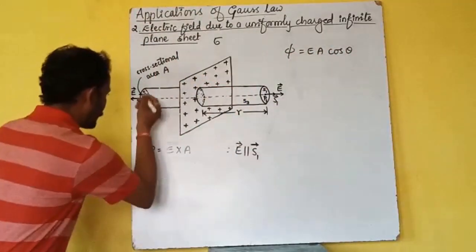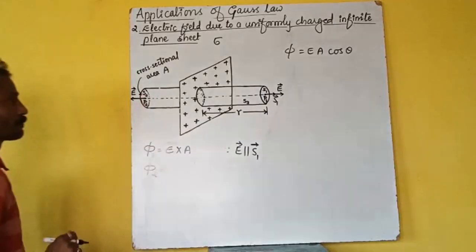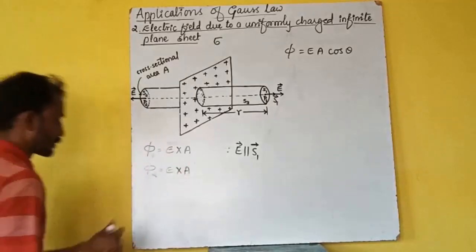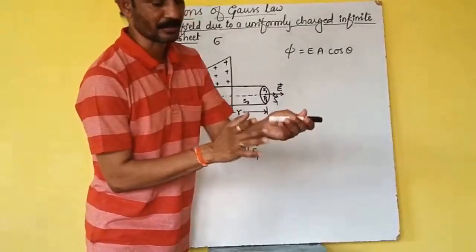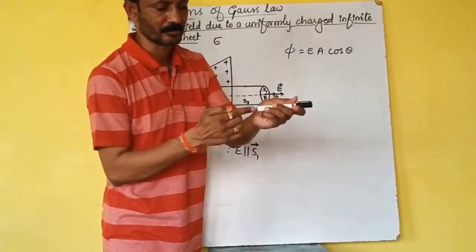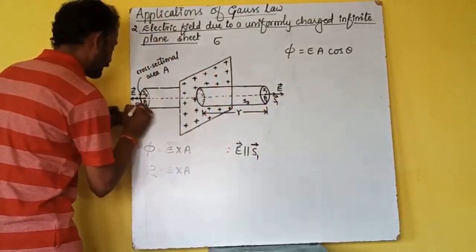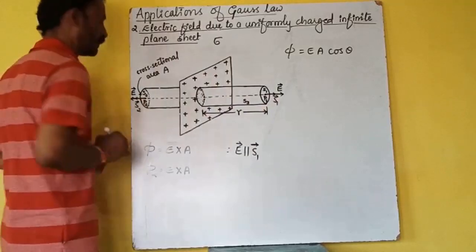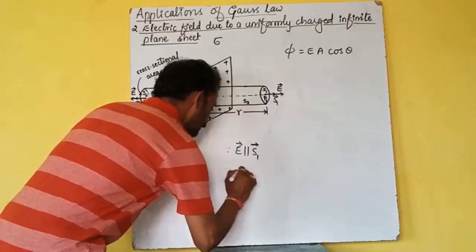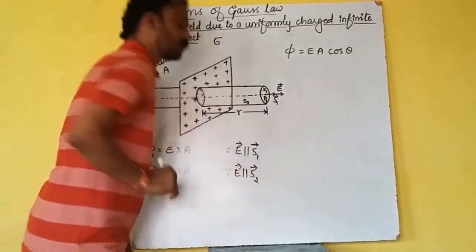Similarly, electric flux through the plane surface S2, phi 2, is also E into A, because for this plane surface S2 the electric field is along this direction, and its area vector S2 is also in the direction of E. Here E is again parallel to area vector S2.